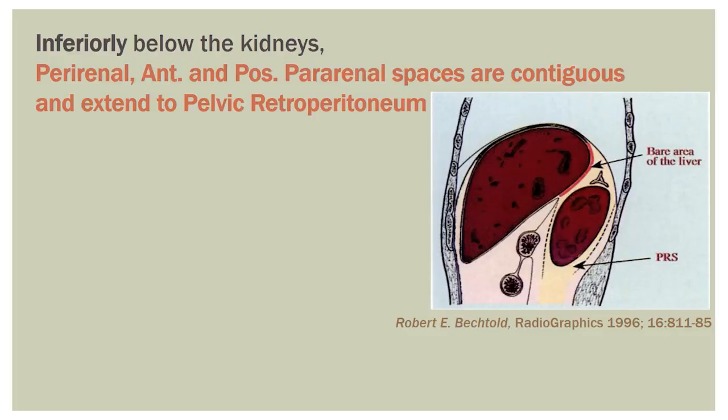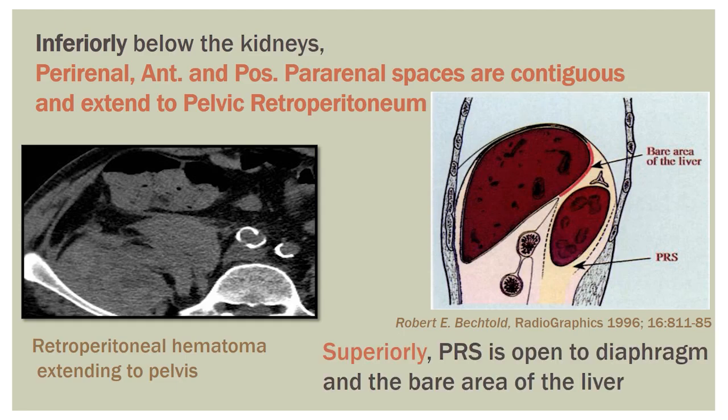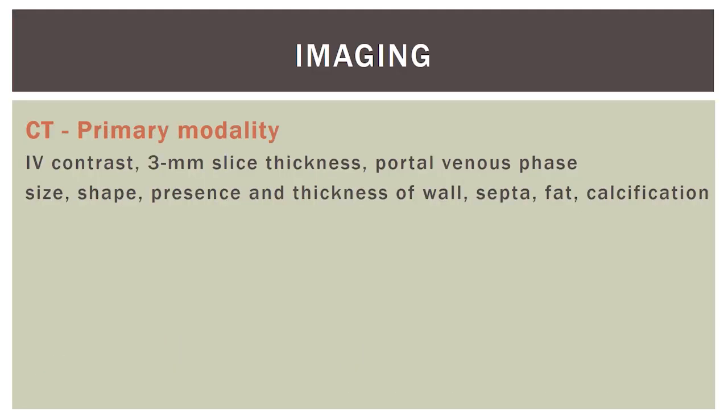Inferiorly, all three spaces interconnect and extend to the pelvic retroperitoneum, as in this case of perinephric hematoma extending to the pelvis and iliac fossa. To your right, you see a schematic drawing that shows that superiorly the perinephric space is open to the diaphragm and the bare area of the liver.